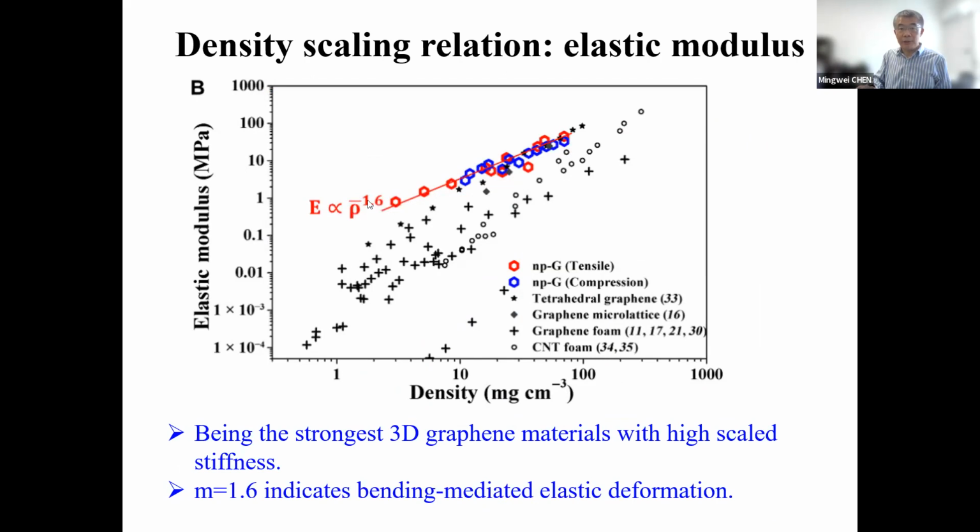That's pretty close to the pure bending model. That means in the elastic deformation state, those graphene samples are mainly dominated by bending. That's pretty reasonable because you have atomically thin walls in this 3D structure, right? When you apply force in elastic deformation, it is mainly carried by bending elastic deformation.